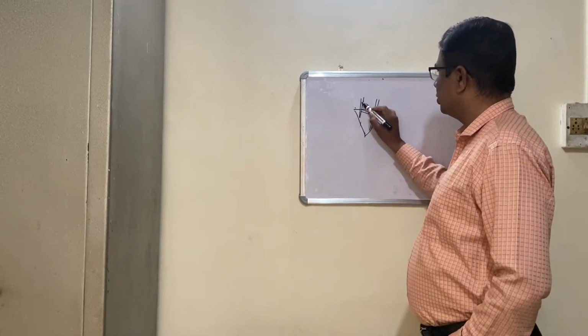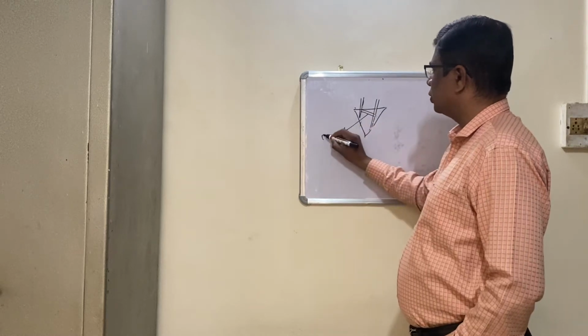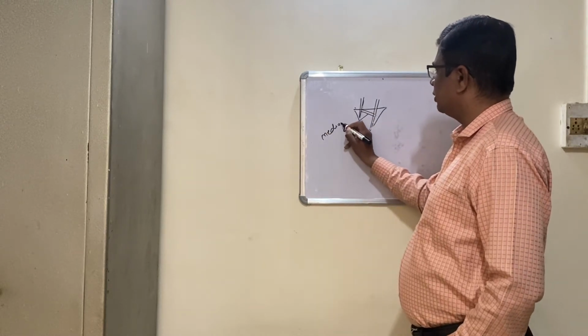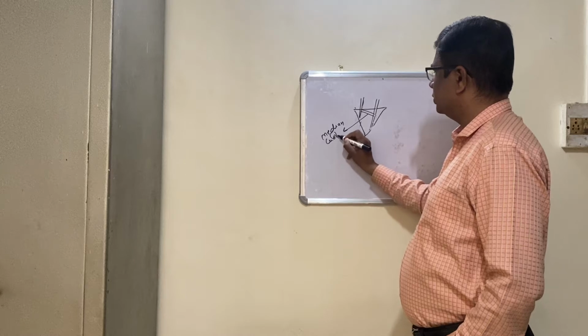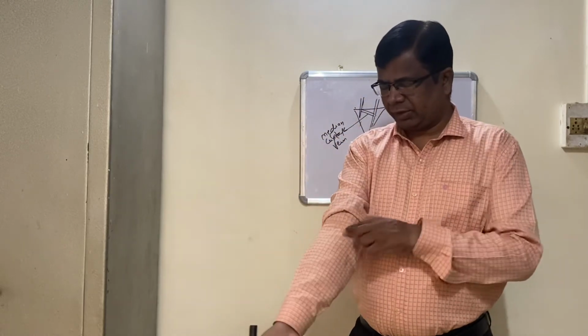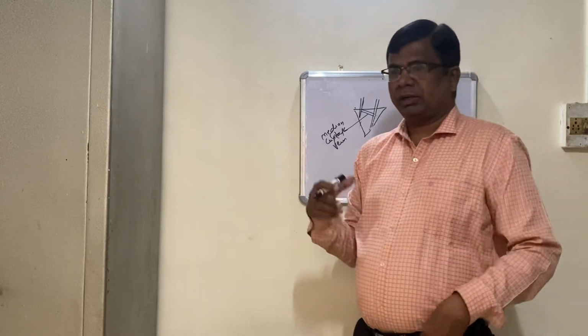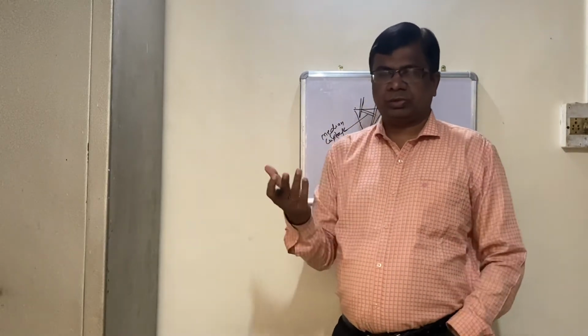There is the cephalic vein, the basilic vein, and the vein connecting them is called the median cubital vein. These are the veins in the superficial fascia.